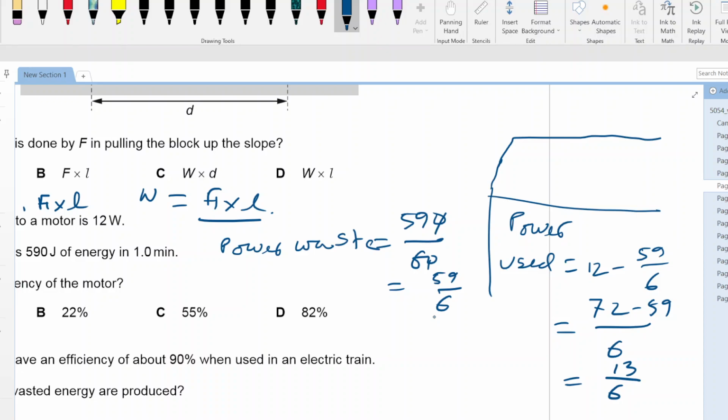Power output is 13 by 6, divided by 12, into 100 percent, equals 13 by 6 into 1 by 12 into 100 percent.